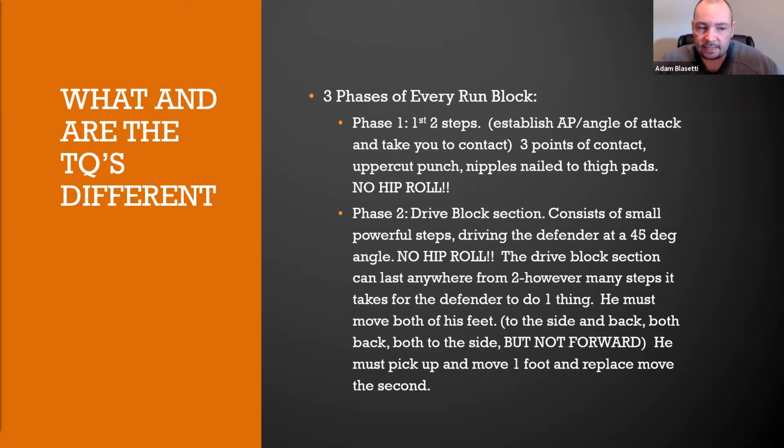The theory is that we want to try to choke the defender with his own pads. We want to try to lift him out of his shoes. So we're coming low to high in that uppercut punch motion and trying to land that right hand kind of anywhere we can make contact, midline ideally on the chest plate.